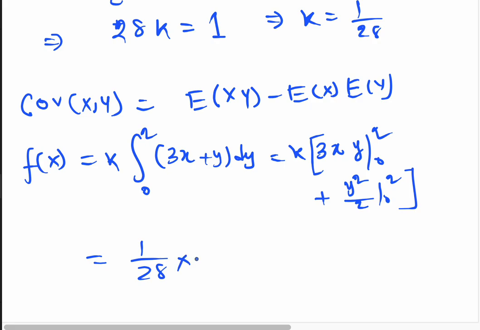That is 1 by 28, 3x gives 6x, and this is 2. So that is 1 by 14 times 3x plus 1.